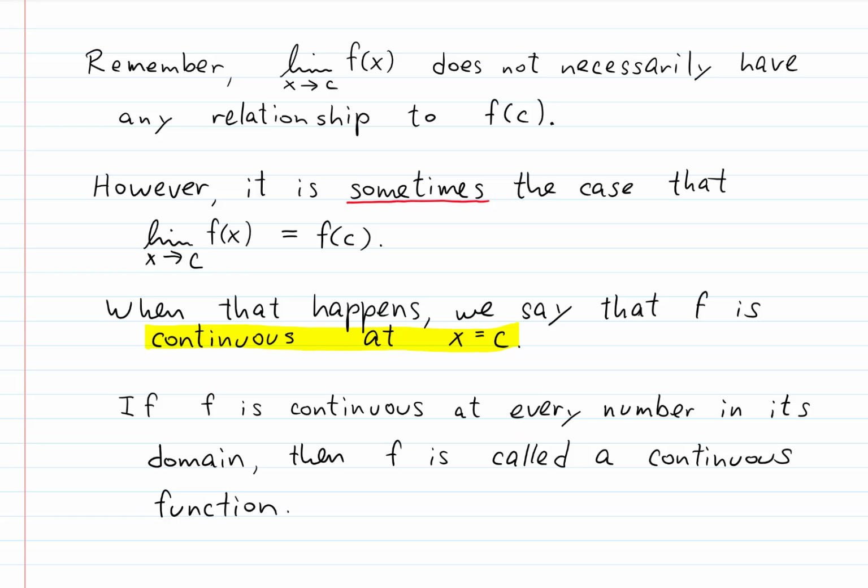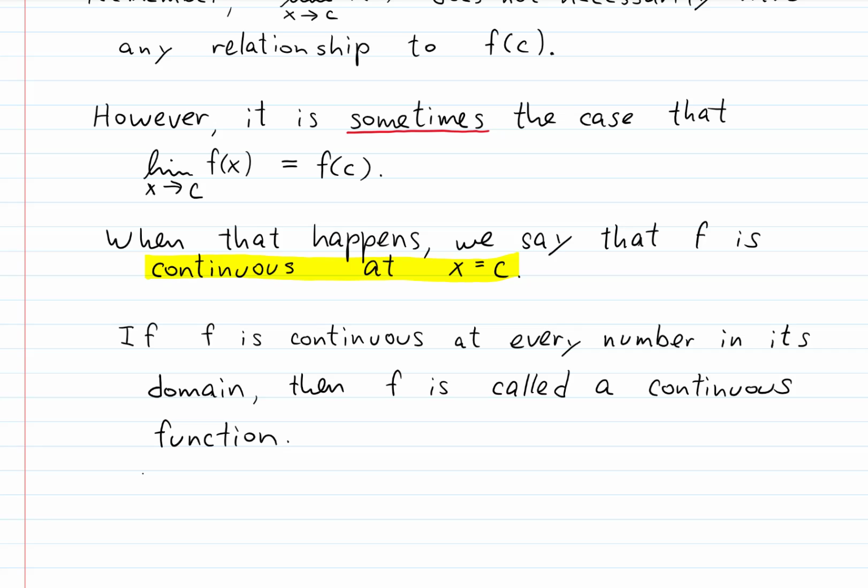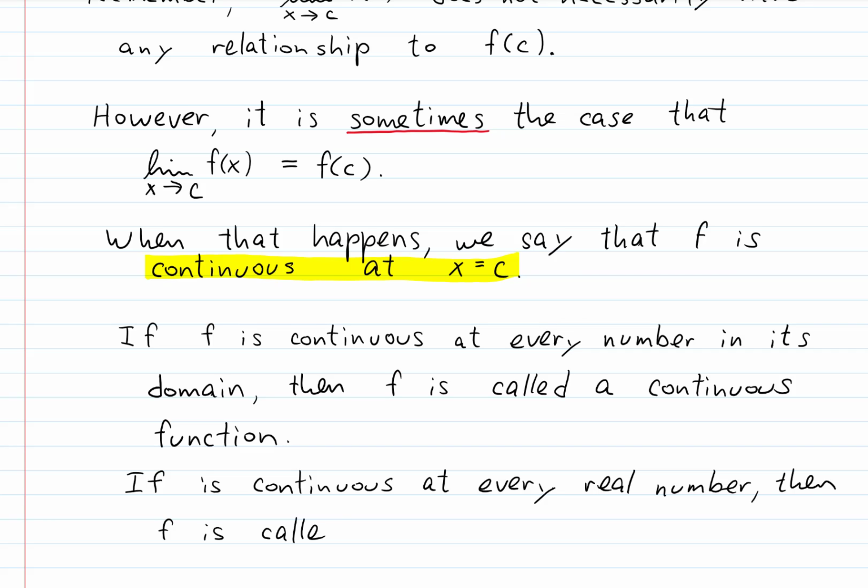And one more definition. If f is continuous at every real number, then f is called continuous everywhere. Okay, so there's our definitions for today.